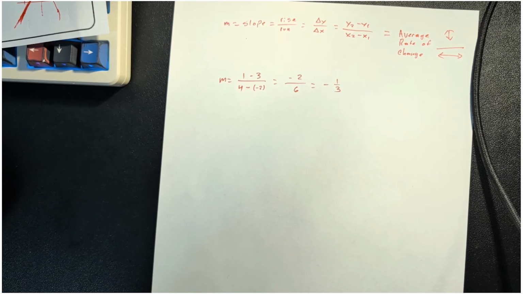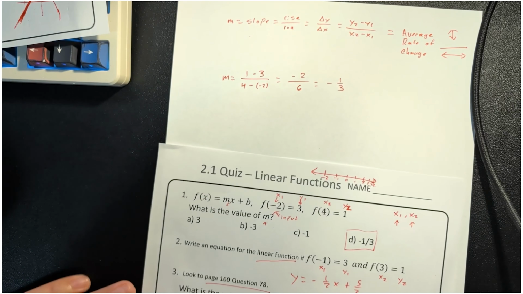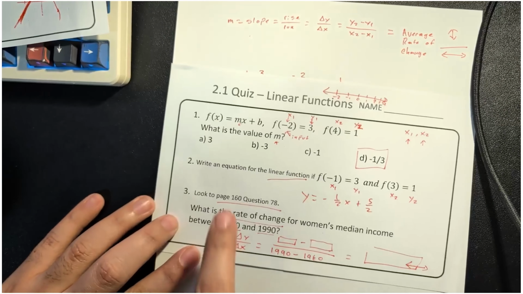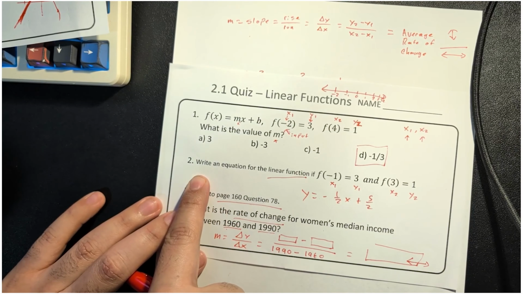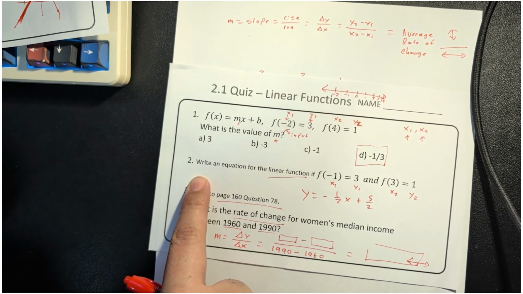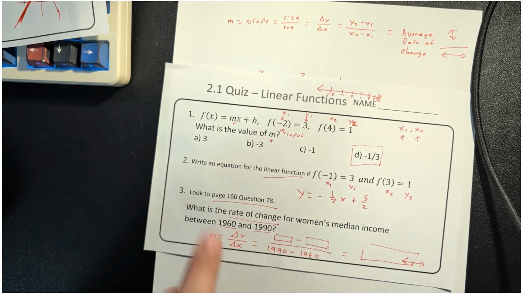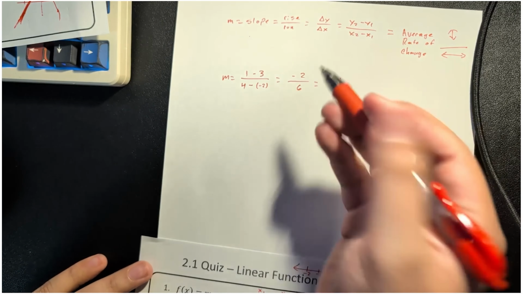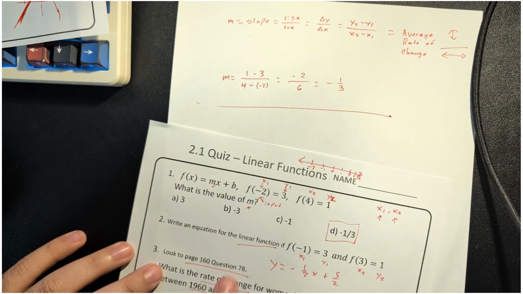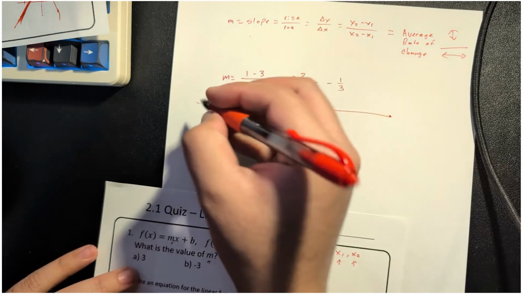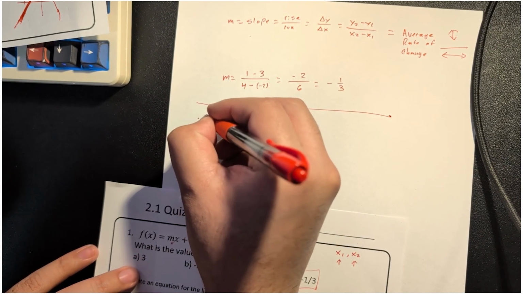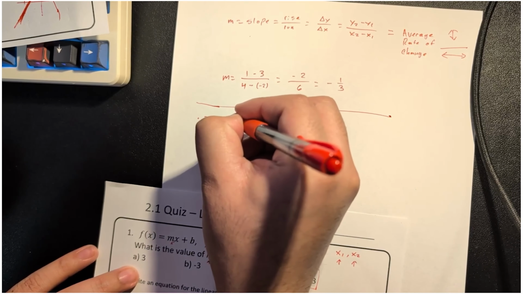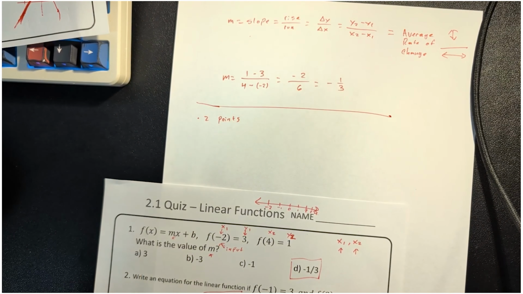Okay, so now for the interesting part. Number 2, how do I write a linear function given 2 points? To write the linear function, we need a couple of things. We need 2 points, and that's it.